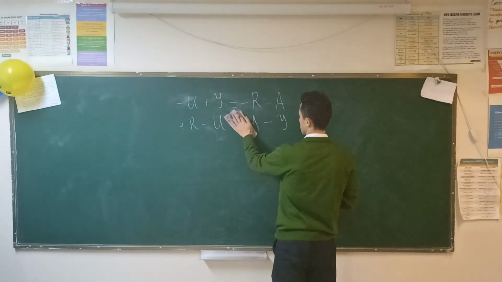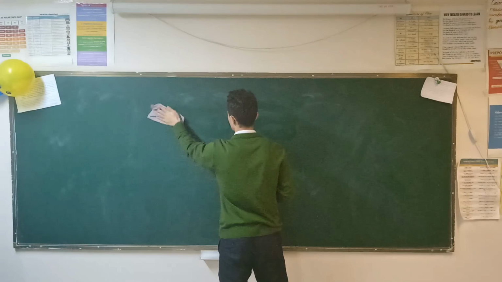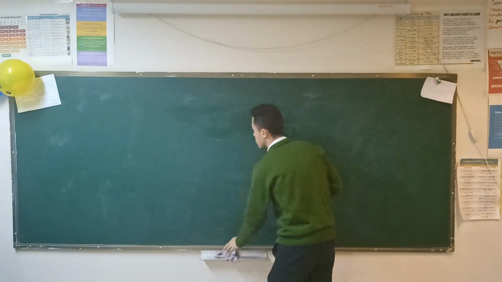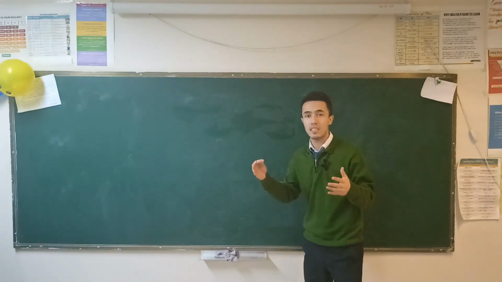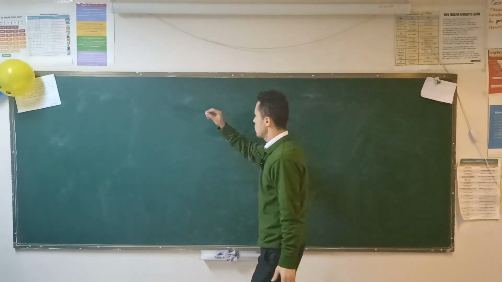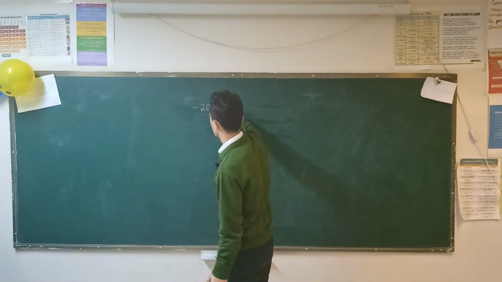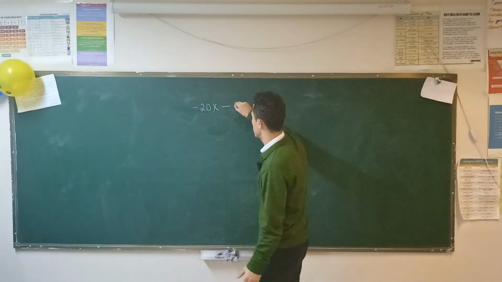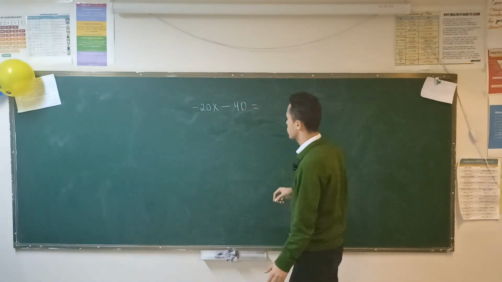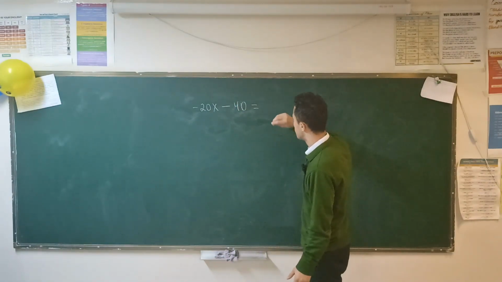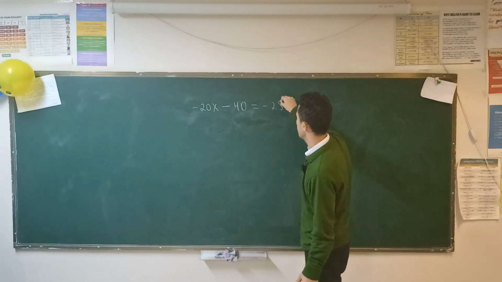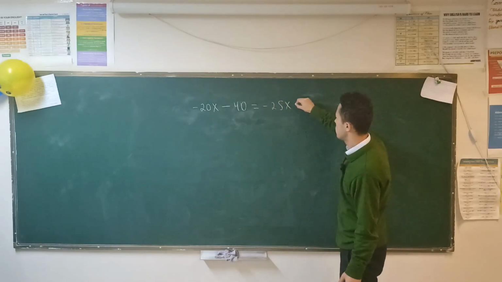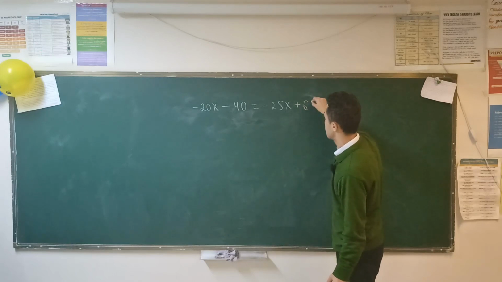I'm gonna wipe it off, and now I will write one example, one equation. Negative 20x negative 40 equal to negative 25x plus 60.